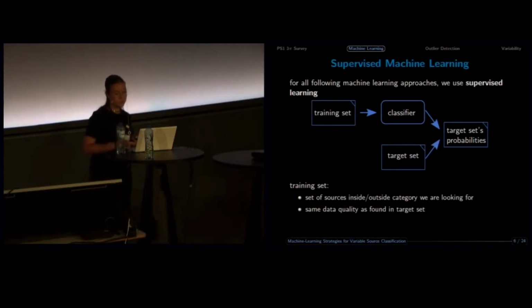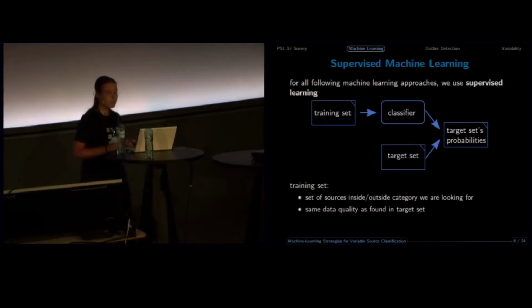What is very important here is to present to the classifier not only objects that are like what we are looking for, for example RR Lyrae, but also objects outside our category, for example stars that are not RR Lyrae. And what we also need is the same data quality for the training set as for the target set, because otherwise the classifier might learn something that it is not able to apply later on.